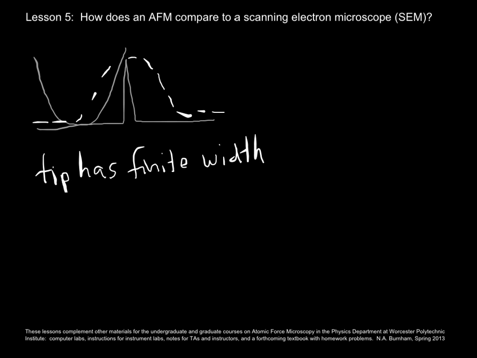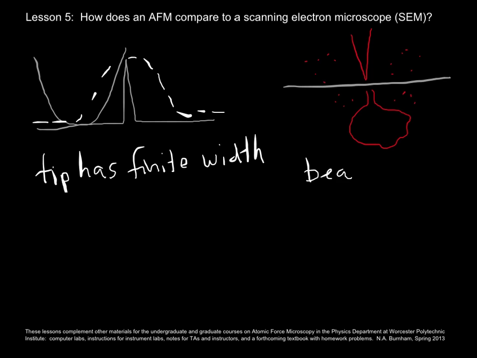In a scanning electron microscope, there's actually an equivalent phenomenon. Here's our beam of electrons. Here's the sort of bulb of volume that it excites. And some of the lower energy electrons make it to the surface and are collected. And so this is equivalent, isn't it? The beam excites a finite width.